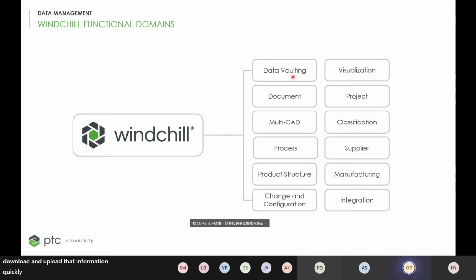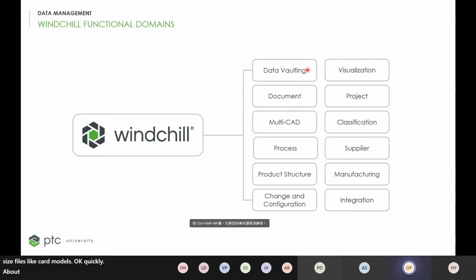That's because of the vaults. Windchill is storing data, this CAD data, in external storage locations, separate servers that are linked with the Windchill database for the attributes, for the metadata. And this is how we easily upload and download big files like CAD models quickly.